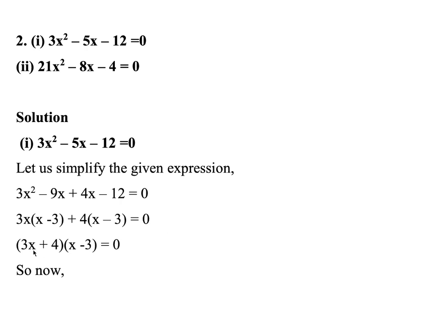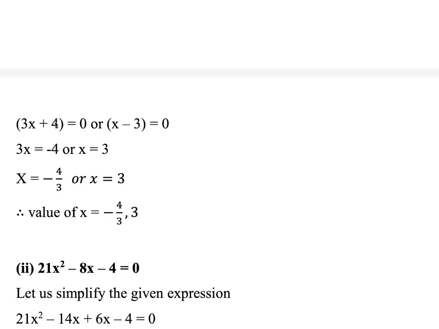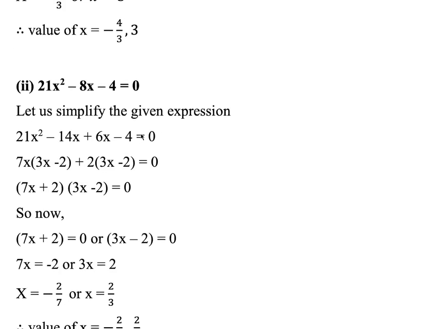So 3x plus 4 into x minus 3 is equal to 0. So either 3x plus 4 is equal to 0 or x minus 3 is equal to 0. If 3x plus 4 is equal to 0, you will get x is equal to minus 4 by 3, and if x minus 3 is equal to 0, you will get x is equal to 3.